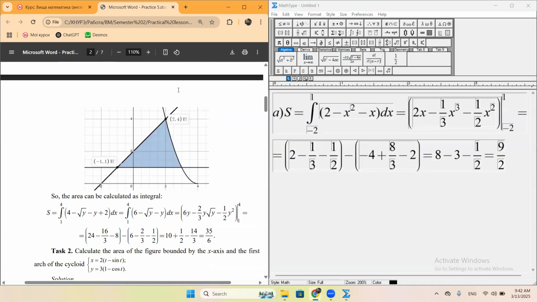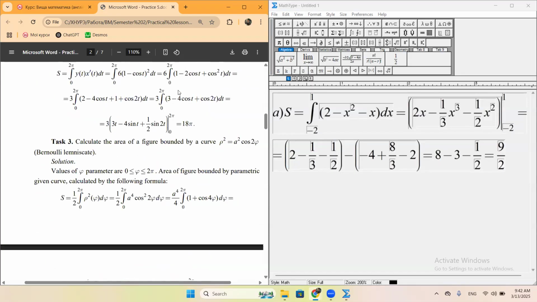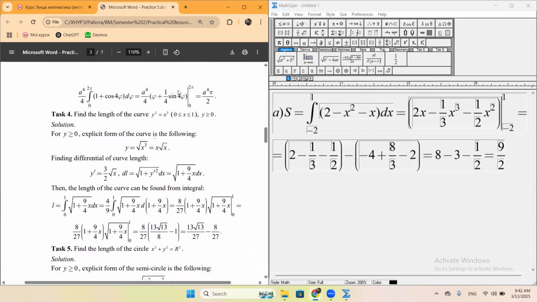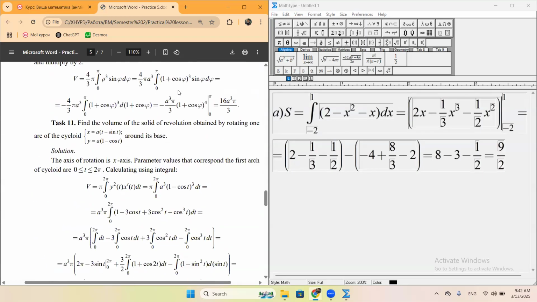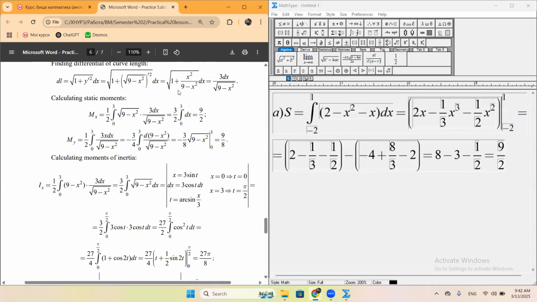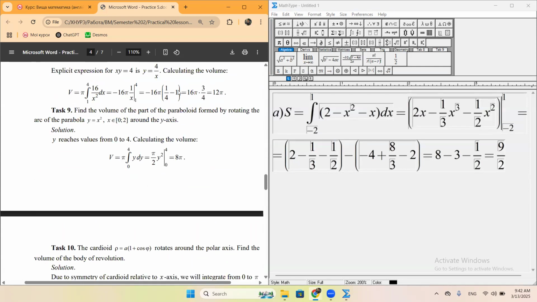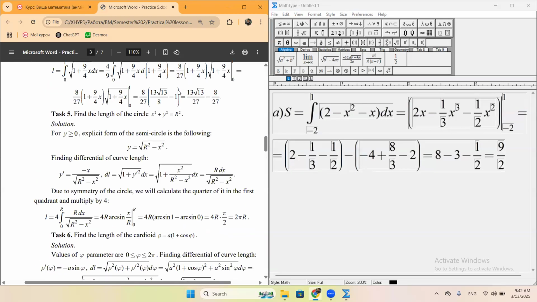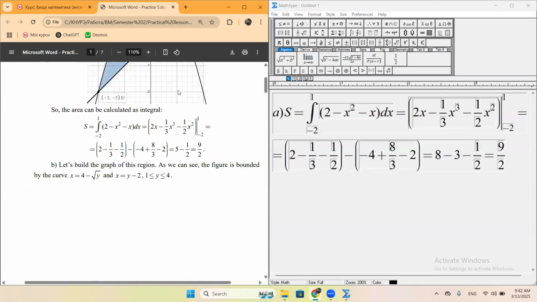Okay, no questions. So let's see other exercises. Now let's move to the exercise 2.